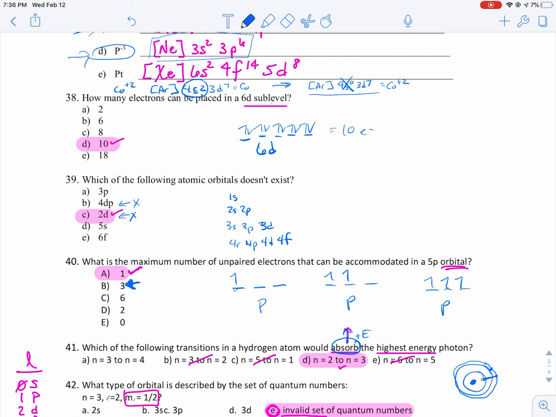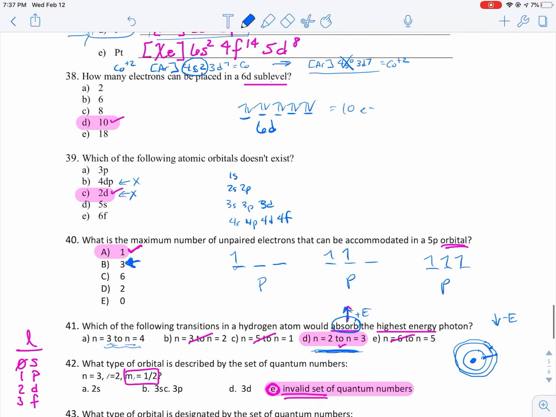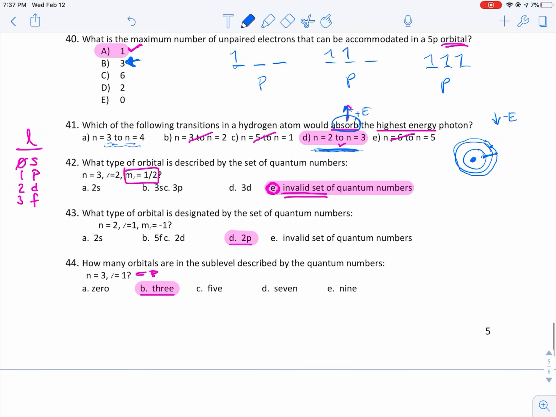For the hydrogen atom, if it had said released or emission, then that would be down, a negative energy, giving off energy. So we're going up. You would choose this answer choice and this answer choice, but the other ones don't go up. These two are farther out, so they are closer to each other than this one. So the highest energy would be these ones.